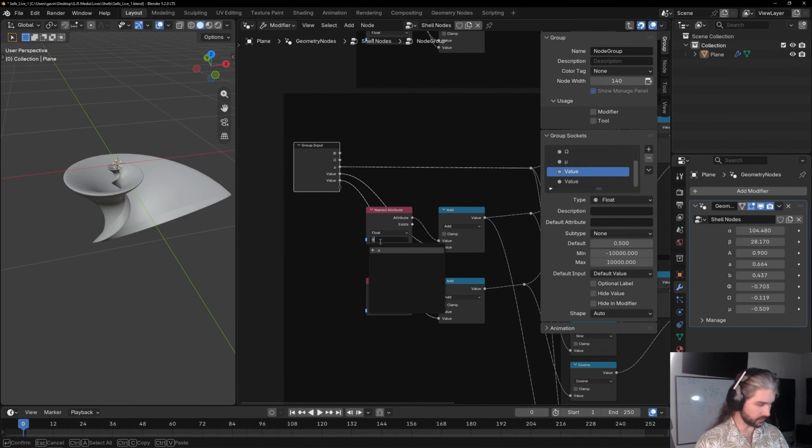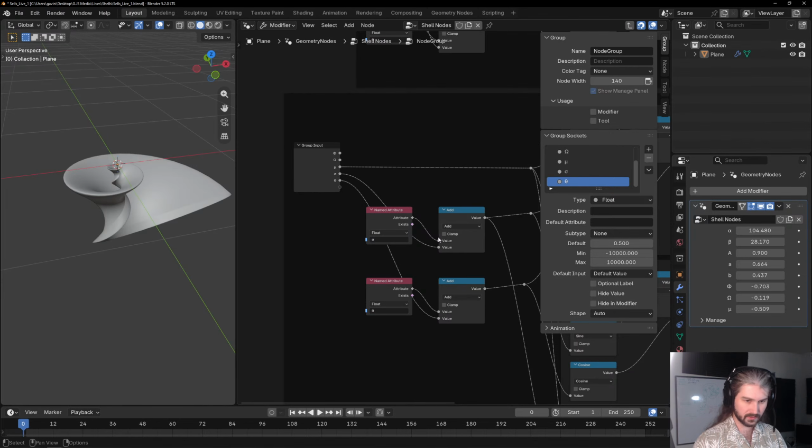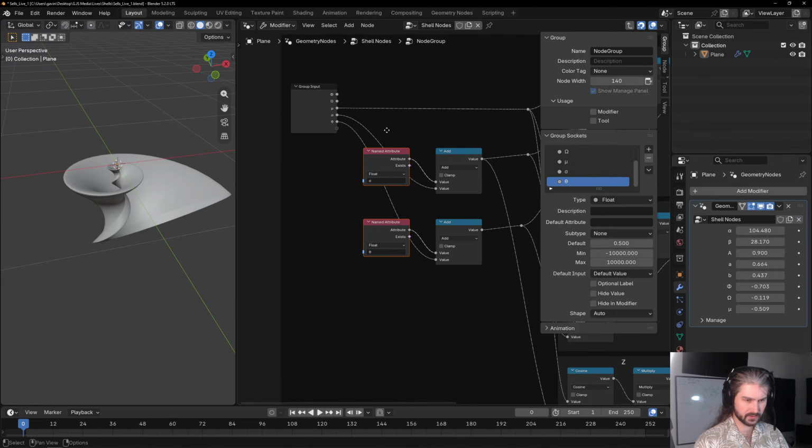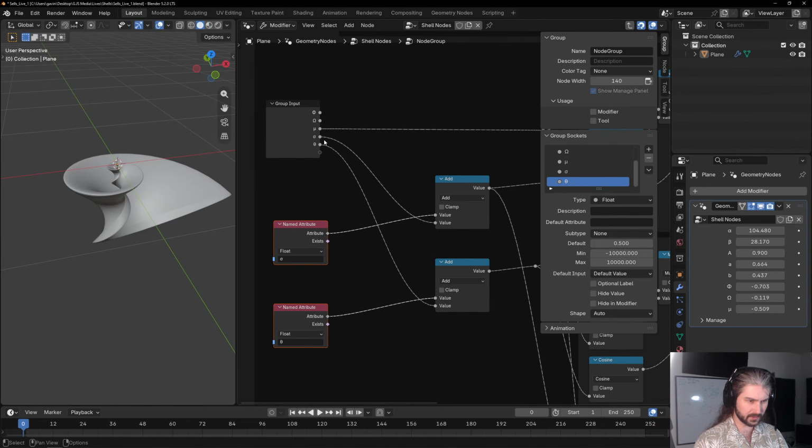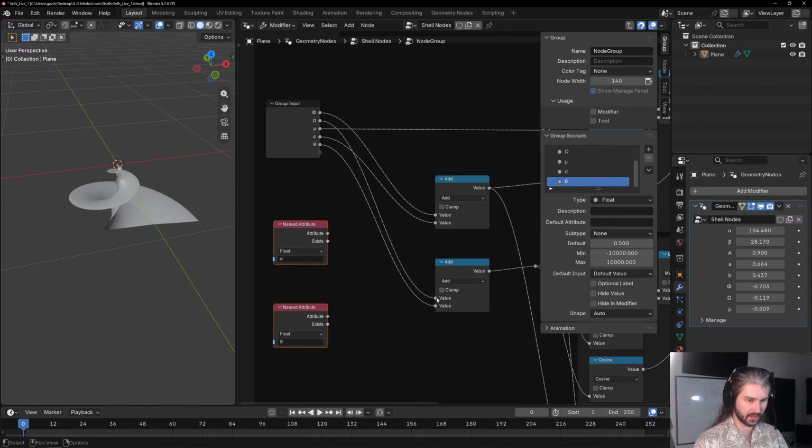So, got sigma. Copy that. Theta. There we go. We can get rid of these. Did I just mess that up? I messed that up, didn't I? Yeah, because we need this and that. I replaced the wrong inputs, but it's fine.